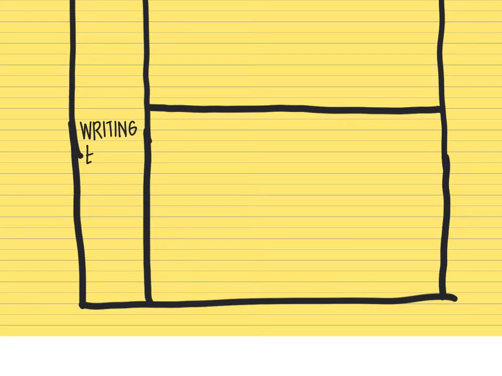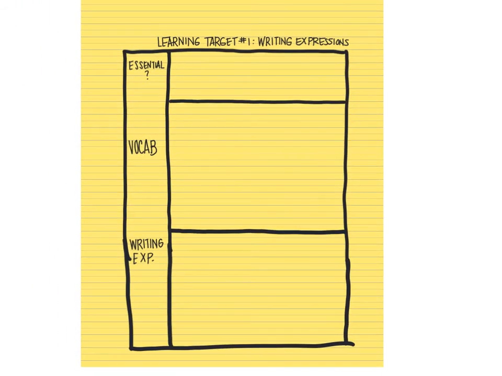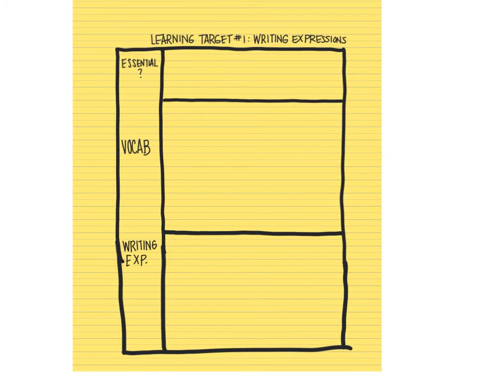I'm going to have to do that a little bit smaller so we can fit it. So I'm just going to put writing expressions like that, just to shorten it a little bit since we don't have a lot of room. So far you should have your learning target number 1, writing expressions. That's our goal. We're going to have some vocab, and then we're going to have some writing expressions we're actually going to practice. I'll show you how to do that.